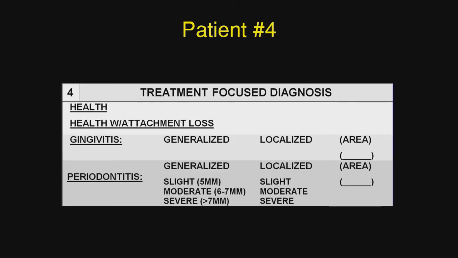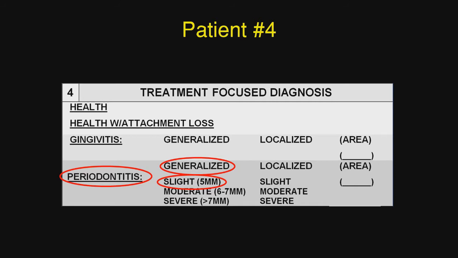Patient number 4. Patient number 4 has a periodontitis. It's generalized and it's slight. What are we going to do? We're going to go in there and we're going to do root planing throughout the entire mouth, because this is a generalized problem.